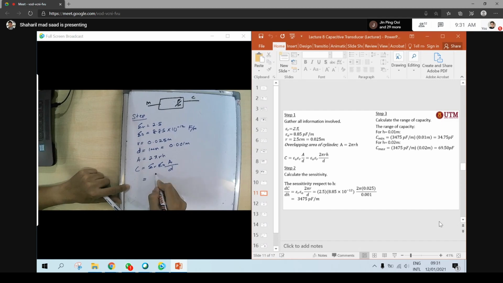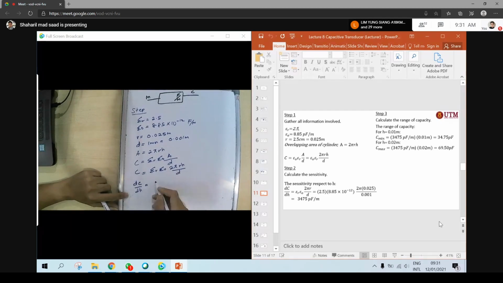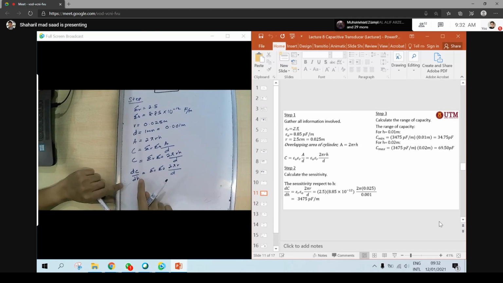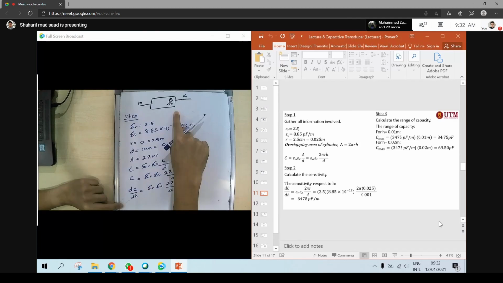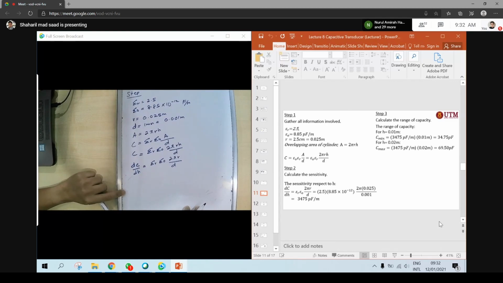So A is 2 pi r h, and C is epsilon r epsilon naught 2 pi r h over D, and we can find dC over dh, which is epsilon r epsilon naught 2 pi r over D. So dC over dh is your sensitivity. That is step 1.